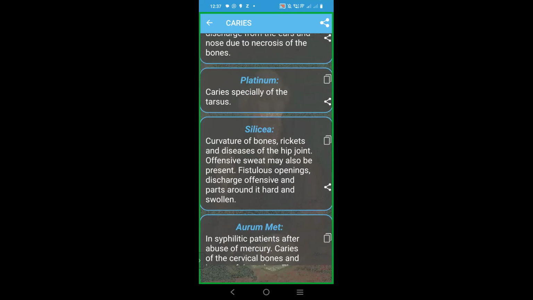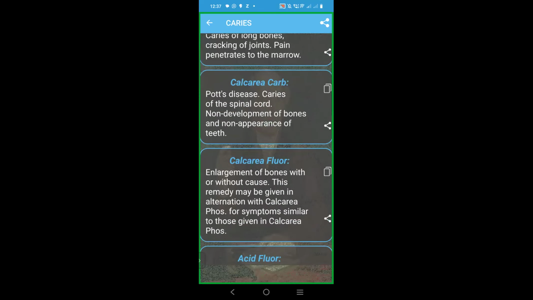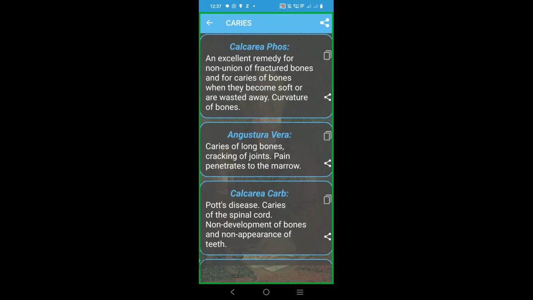If the potency is not mentioned, that means we can use 30 potency. It is written in the introduction of that book, because as I told you, I have been using this book since 1987. This is the first book I purchased for the practice of homeopathy.